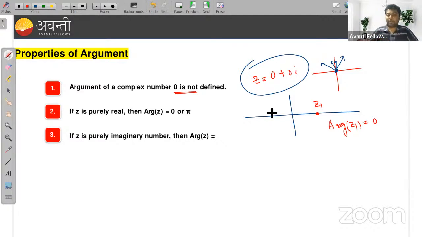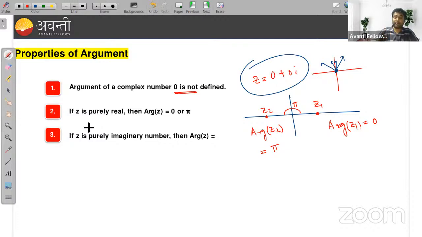Similarly, if we take another complex number here, suppose I'm taking Z2 here. Now can you tell me what is the argument of Z2? The angle made by the complex number Z2 with positive x-axis, that is pi. So argument of Z2 is pi.